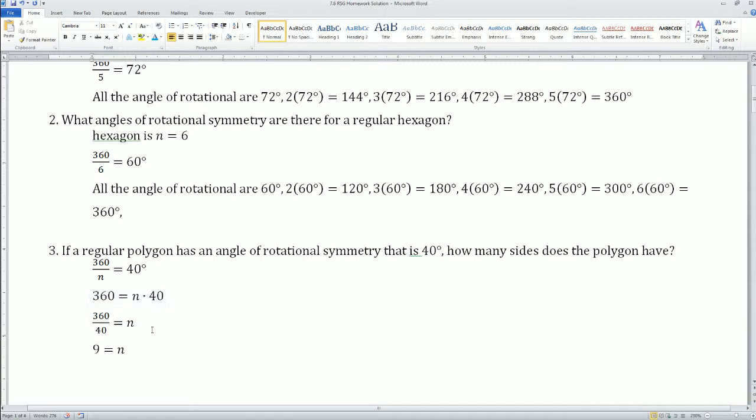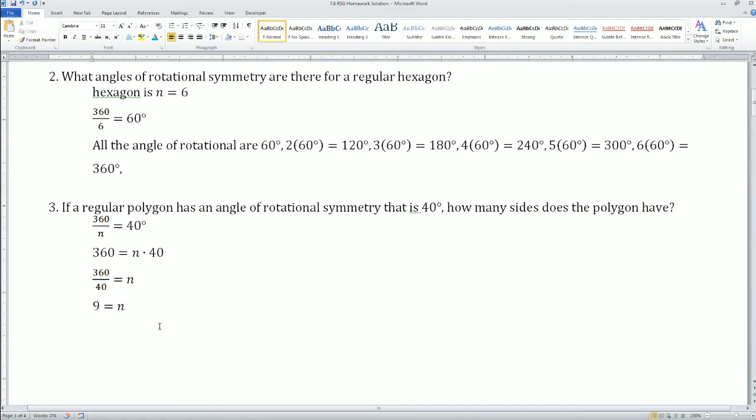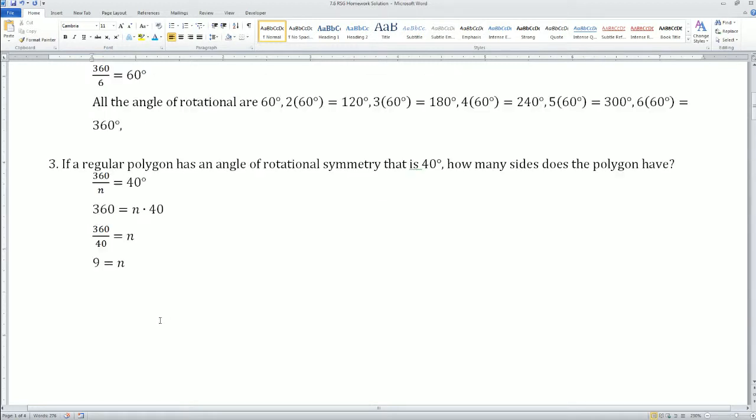Same thing. I'm trying to get n alone, so I'm going to divide by 40 on both sides. Then 360 divided by 40 is 9. So n equals 9 angle values for the rotation of the polygon. So it's a nice 9-sided polygon. Okay, I think it's called a nonagon. Don't quote me on that.